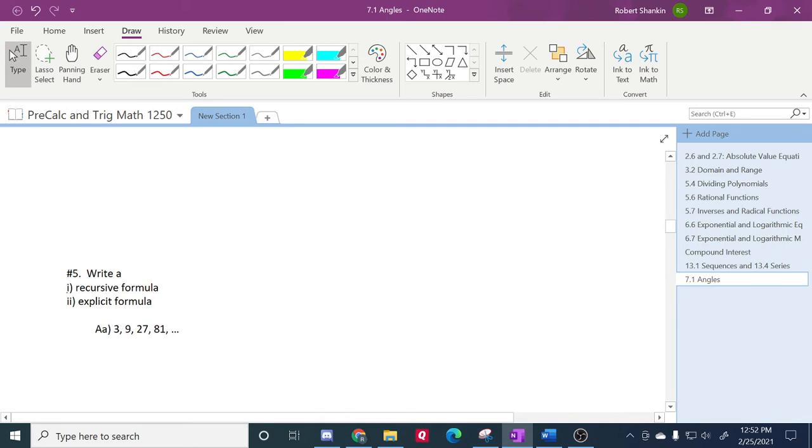Write a recursive formula that comes up with this sequence, and an explicit formula for that.